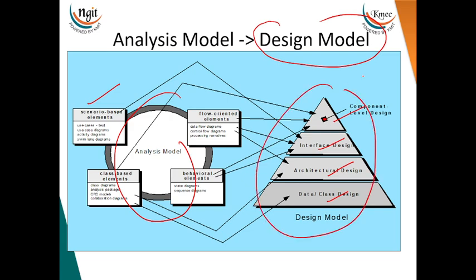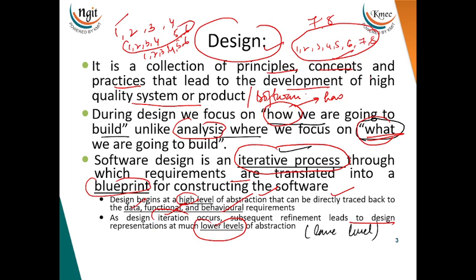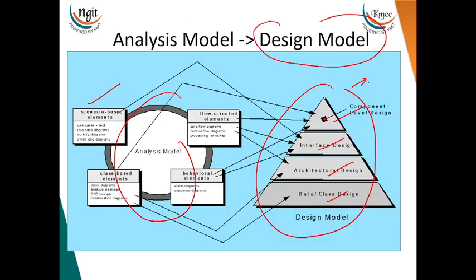Do remember it. What does it say? I'm just connecting it back. What it says is how and what, correct? Design is the how. And this has the scenario based element, this is the class based element, this is the behavior model and flow oriented one, correct? Now let's move on to the next one.